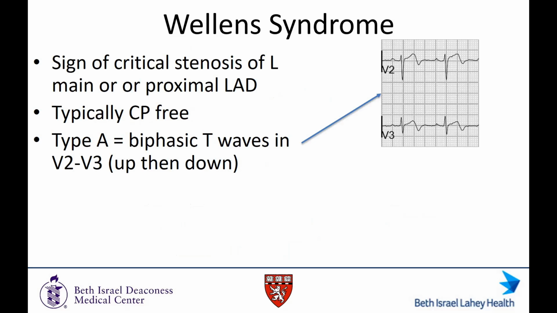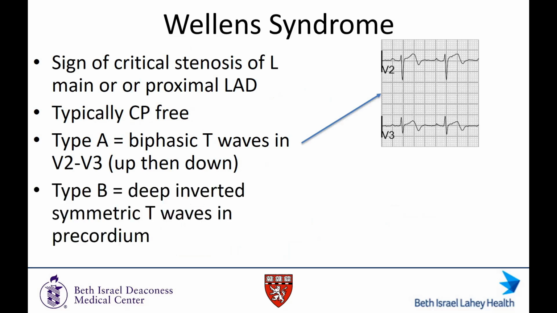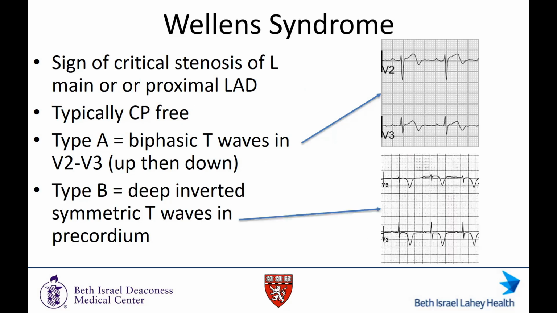Here we have a T wave going up and then down in V2, V3. Or we can see deeply inverted symmetric T waves in the precordium, which is the other type of Wellens syndrome. These are pretty concerning since a proximal LAD or left main stenotic lesion can be quite detrimental.